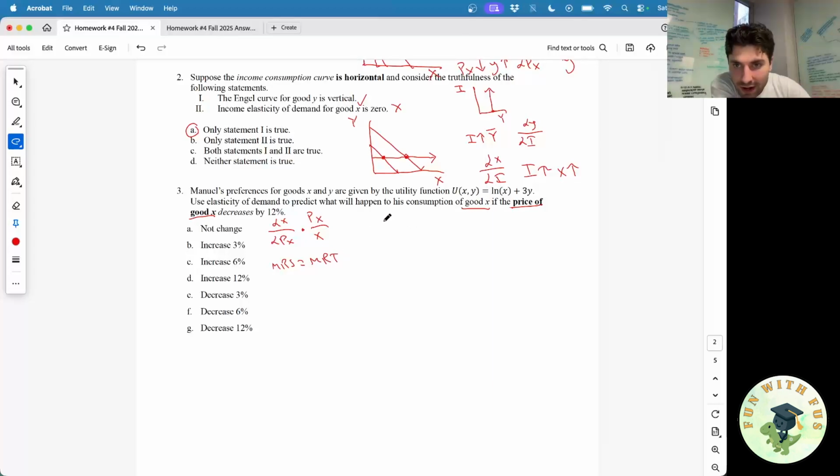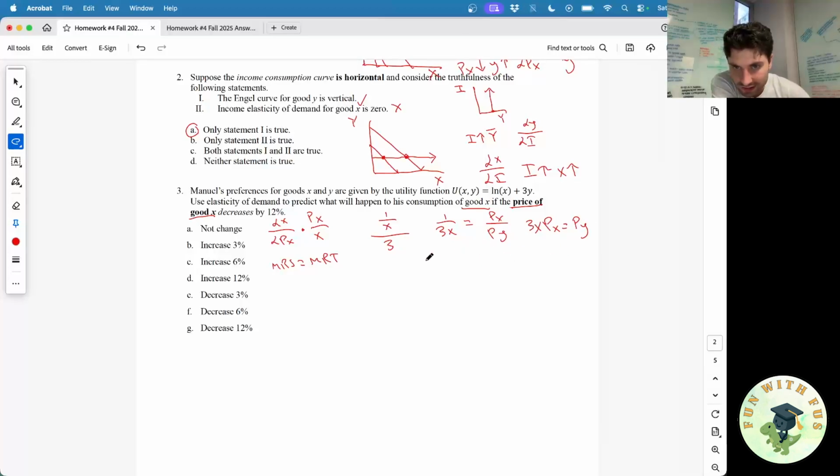So the marginal utility of X is going to be 1 over X. The marginal utility of Y is going to be 3, which would be 1 over 3x. That's our MRS. And then we're going to equal that to px over py. And then we're going to get 3x px equals py.